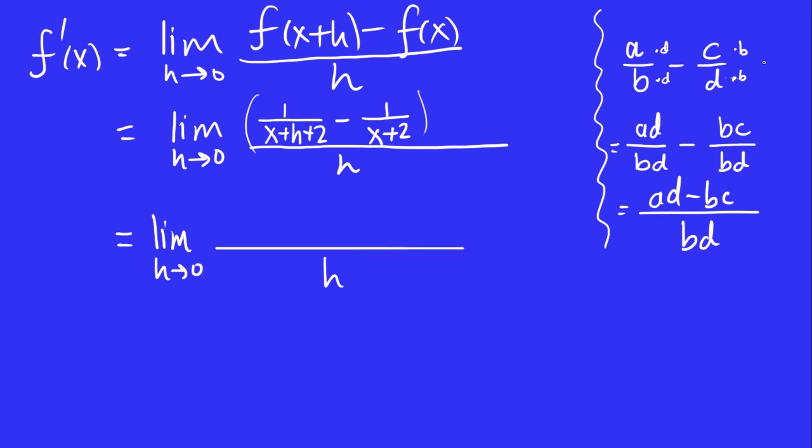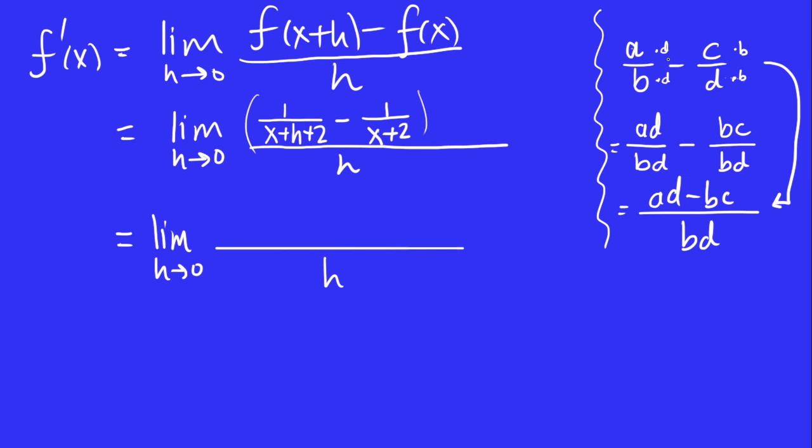Some people just remember a formula and they just go directly from here to here. It's like a times d minus b times c all over b times d, right? You can do that if you want, but it's really important you also understand this method of getting a common denominator, okay? So let's think about it with the formula.